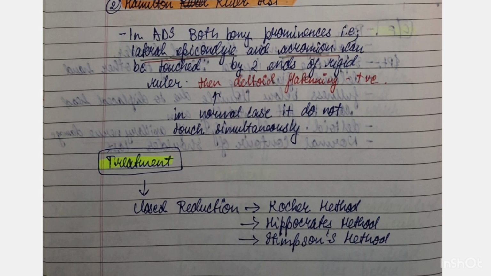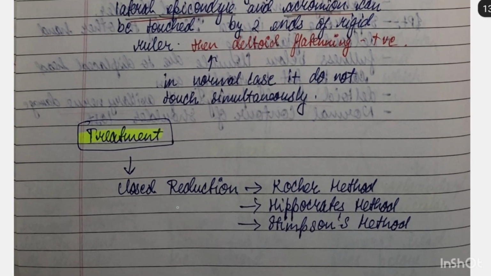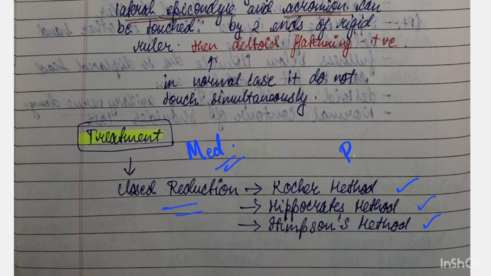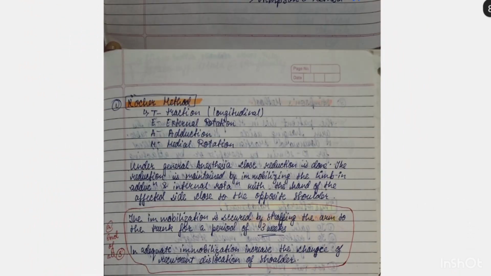Then for the treatment, closed reduction is done through the Kocher method, Hippocrates method or Stimson method. These are the medical management. It is not asked much, as mostly physiotherapy management is asked, but you should know all these three topics, how each is done.